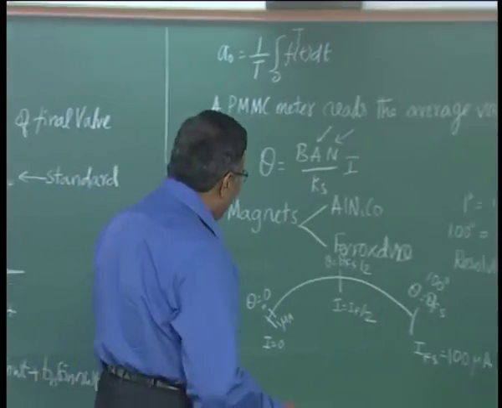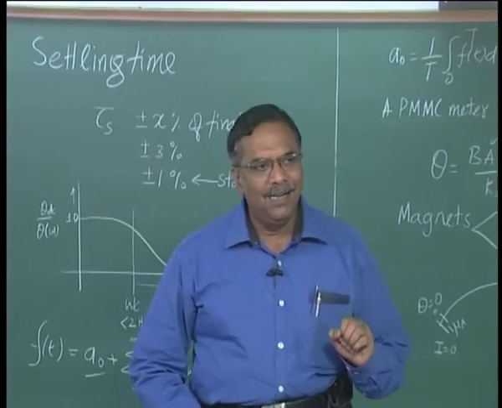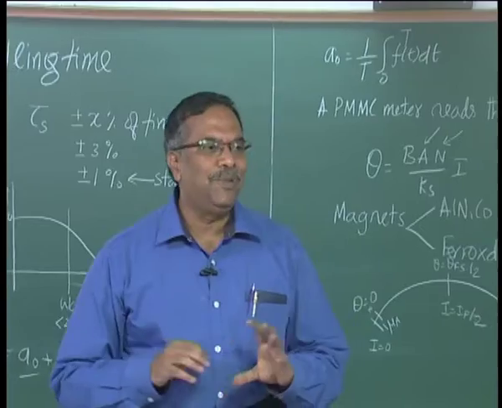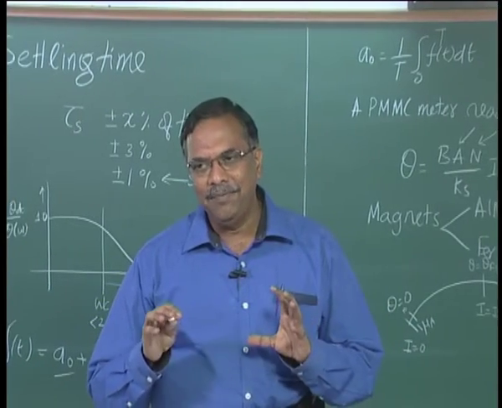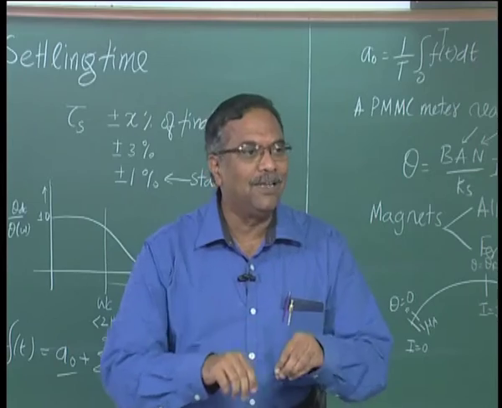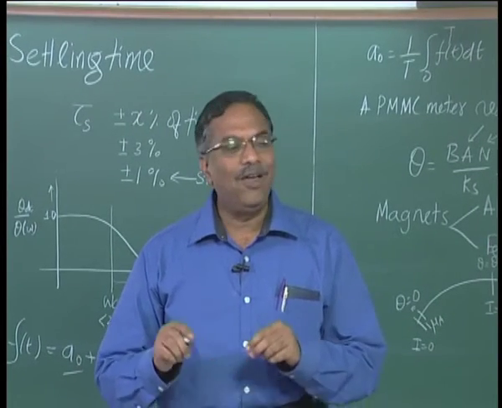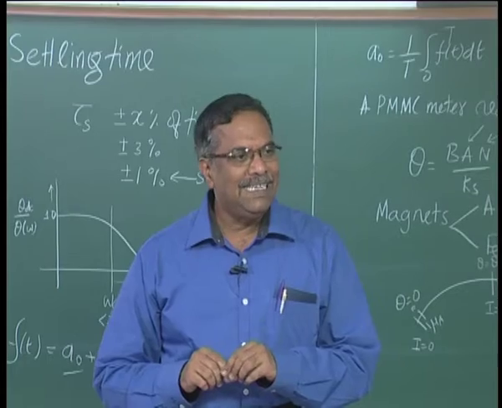So when he makes the meter, obviously he has to make it such that whatever be the permutation combinations of the magnet and the spring that he chooses to put in that particular meter, it should be possible for him to adjust 100 microamperes to give 100 degrees.